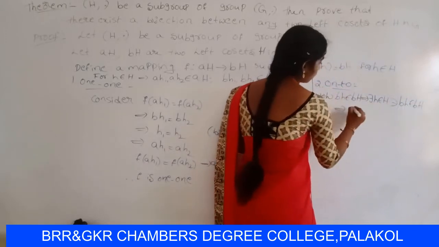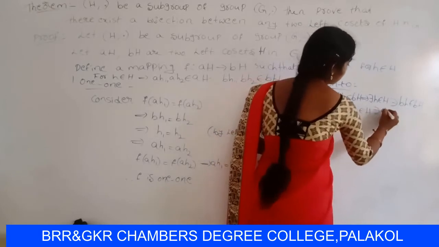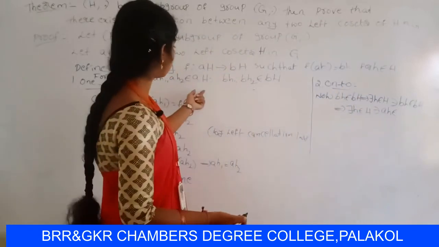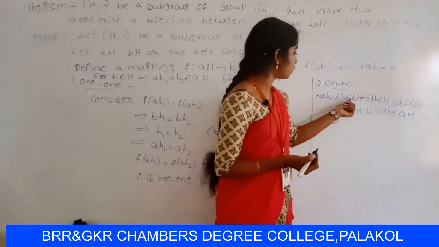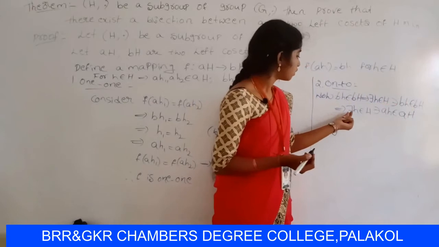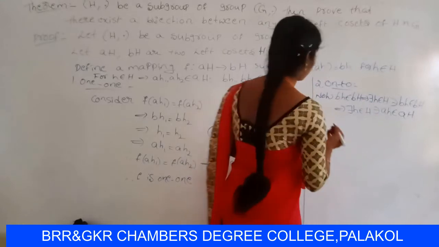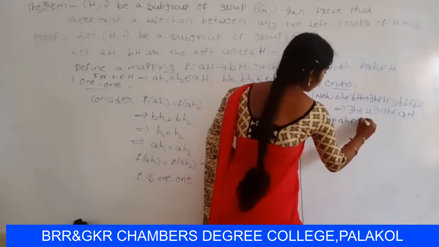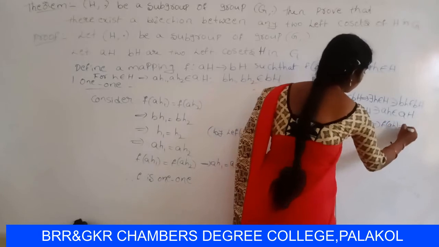Similarly, there exists h belongs to H such that ah belongs to aH, already you know that ah belongs to aH. Since ah belongs to aH, this means f of ah equals bh.